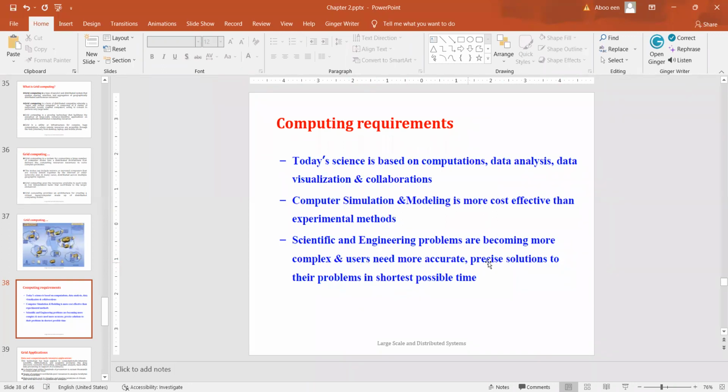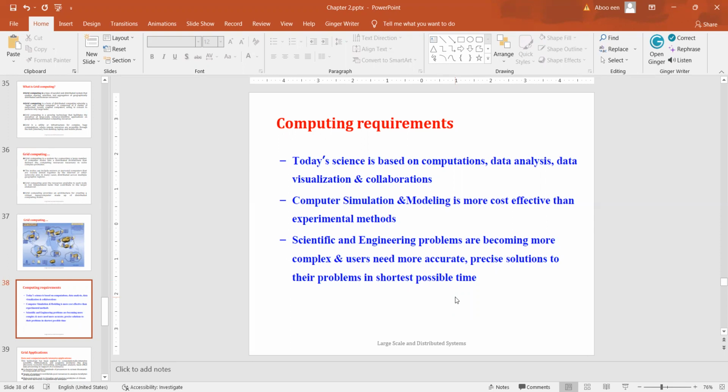Scientific and engineering problems are becoming more complex. Users need more accurate, precise solutions to their problems in the shortest possible time. Day by day it is getting more complex, and scientists and engineers require more accurate, precise solutions within a short period of time for their calculation, computation, or engineering or scientific task.